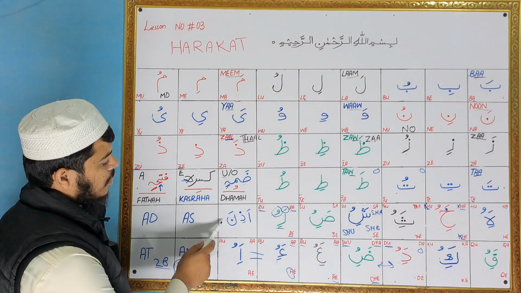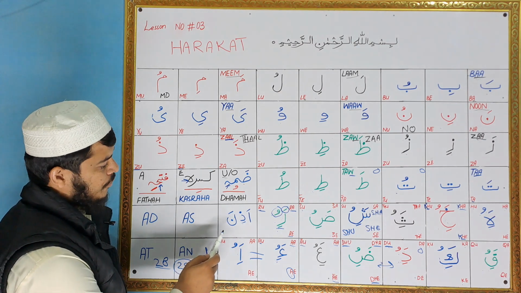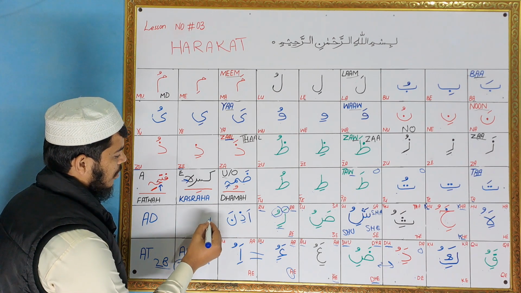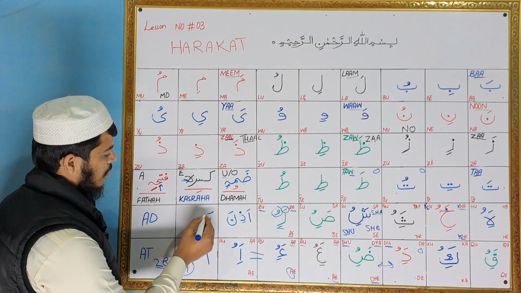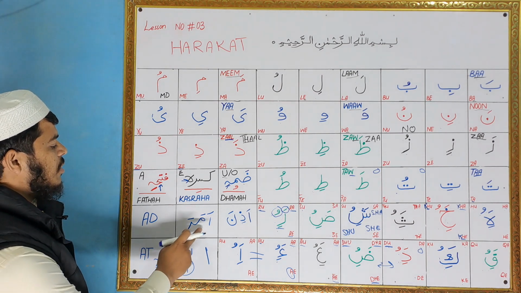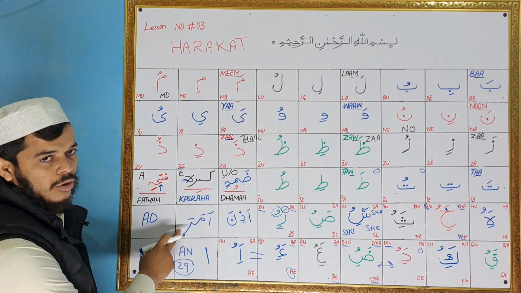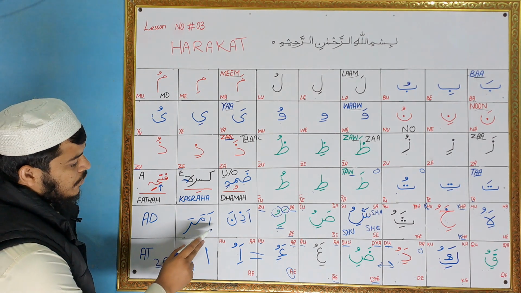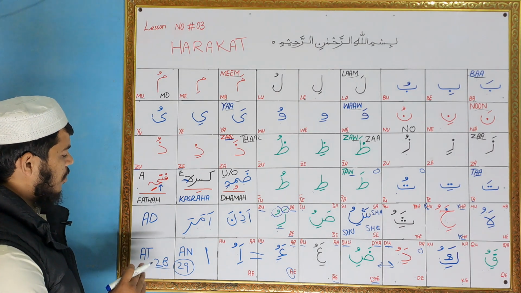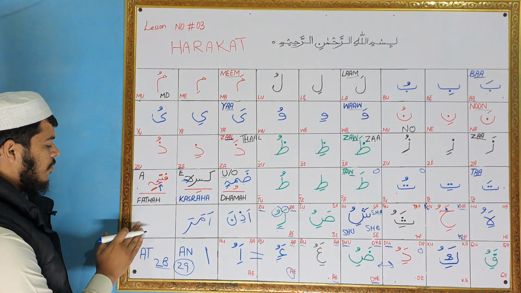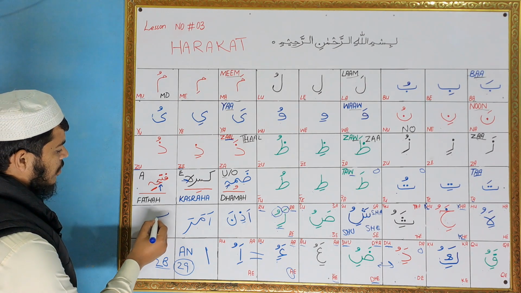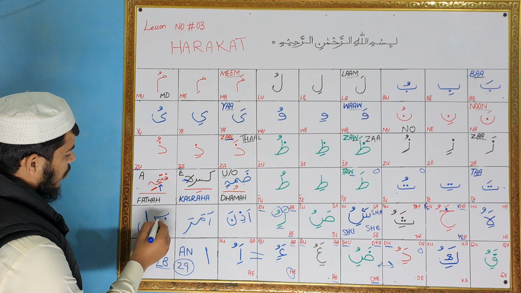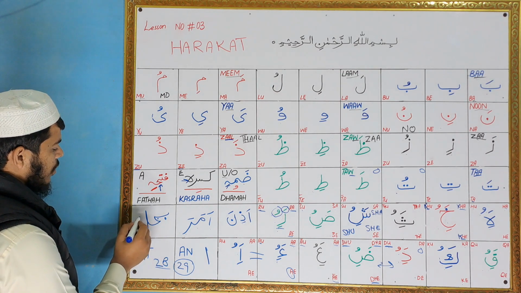A, zi, na, azina. Then let's write another word like alif fatha a, mim fatha ma, ra fatha ra. A, ma, ra, amara. Okay, then we can say ba, kha, and la.